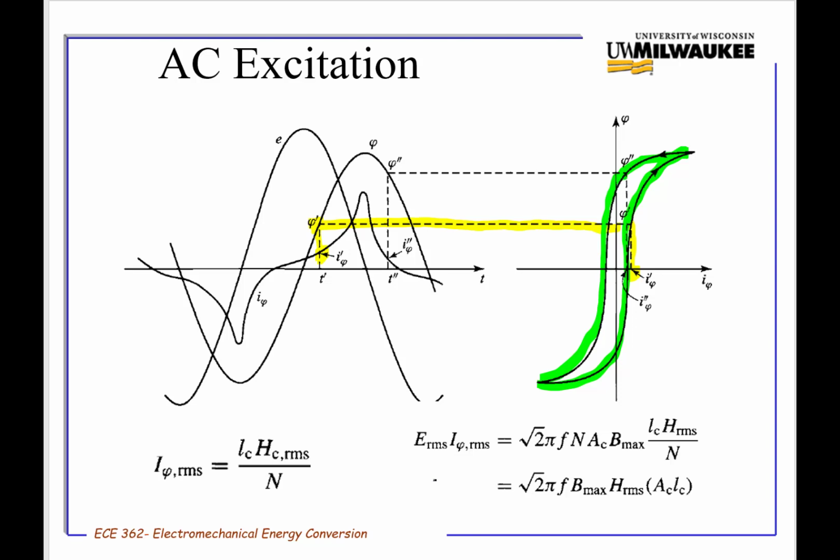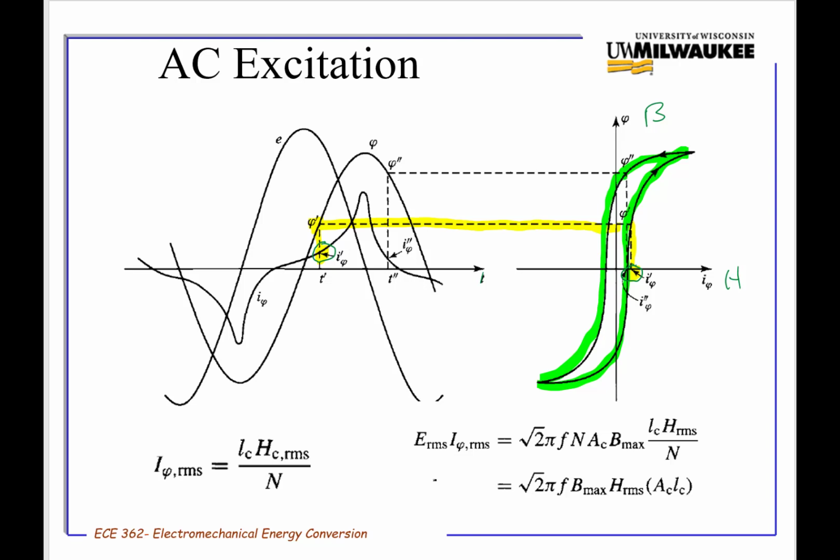So that point, draw a circle around it, is this current here. So what I'm doing is I'm translating what I'm seeing in this, could be B, H, or I flux, they're proportional to each other.